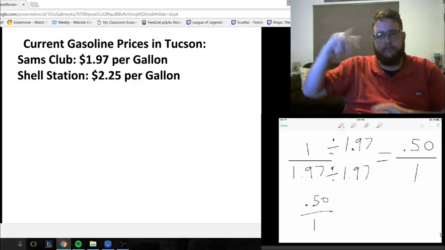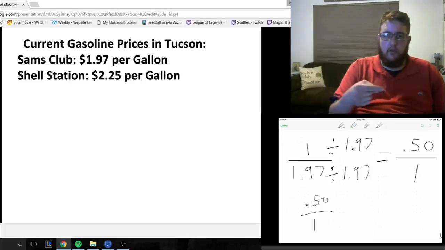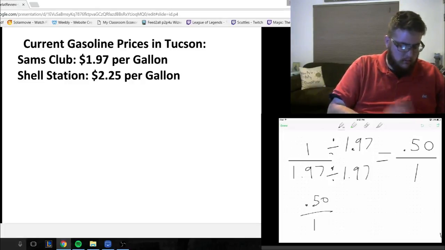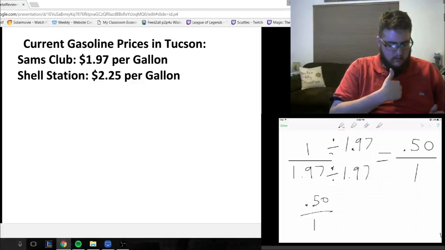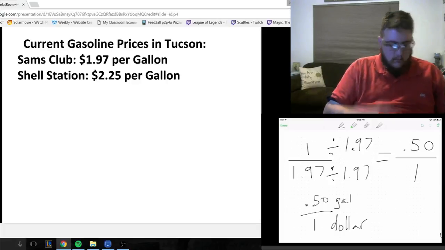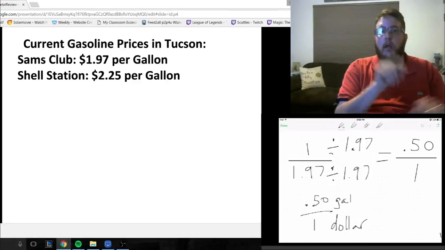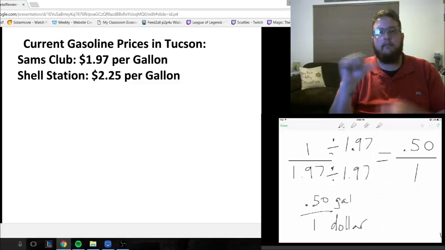So on top we're going to actually have gallons per $1. So what this is saying is if I had $1 and I went to Sam's Club, I could buy 0.5 gallons of gasoline, or half a gallon of gasoline. So as you'll see, we still have a unit rate.